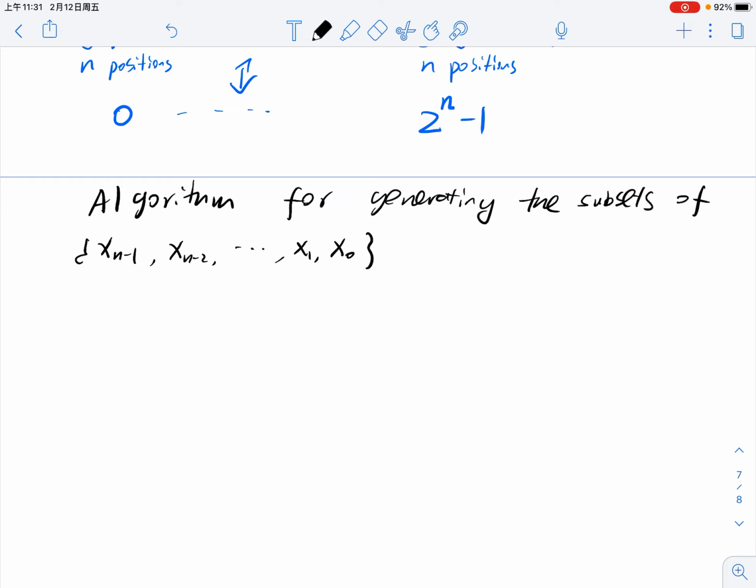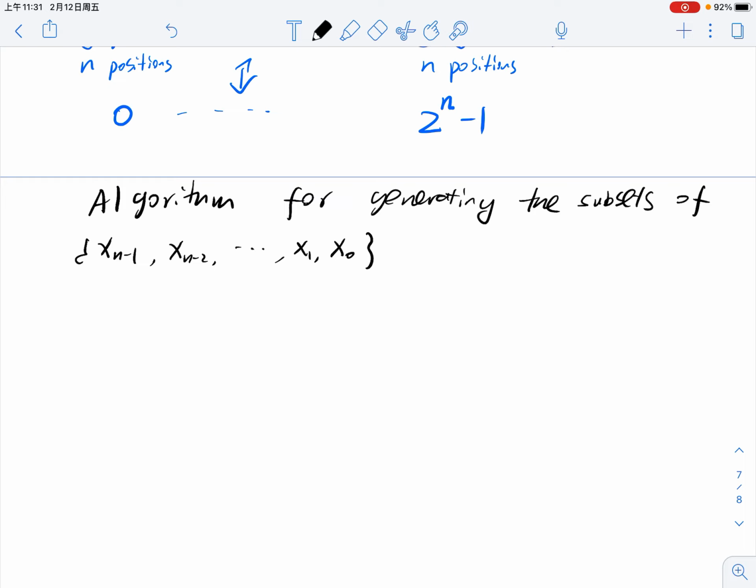Sometimes we start from 1, sometimes we start from 0. That depends on whether we are doing the mathematical reasoning or the algorithm, because for the computer, usually natural numbers start from 0, the built-in numbering starts from 0.